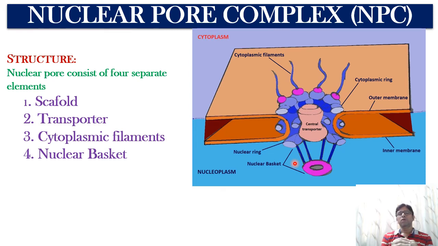The spokes of the central ring are attached to the central transporter on the inner side and attached to the cytoplasmic and nucleoplasmic rings on the outside.